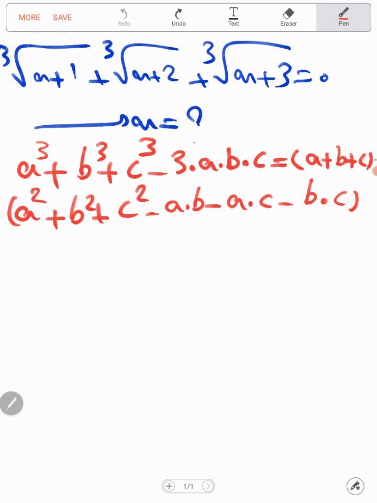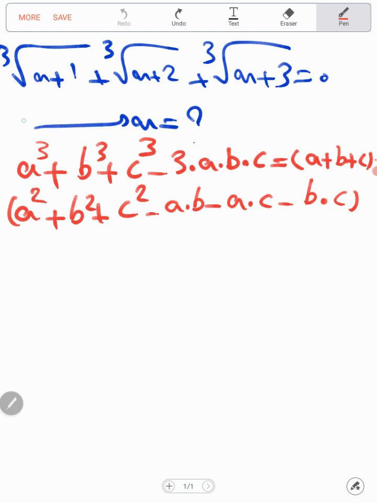I think it's better to use a technique with this formula on cubes, and this technique can be related to putting some variables instead of a, b, and c in this formula.